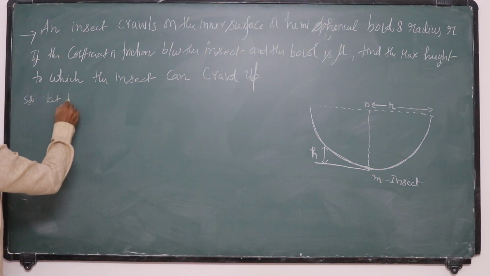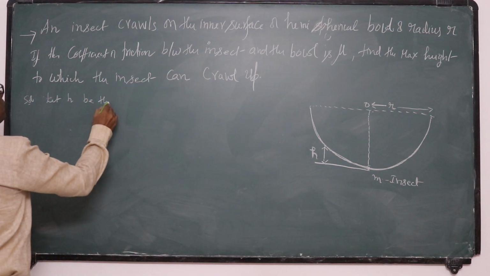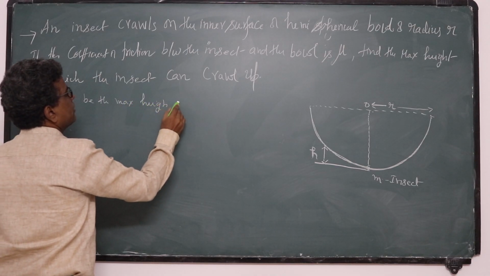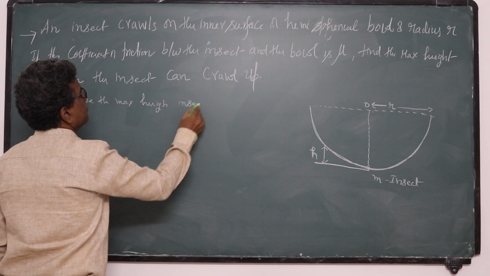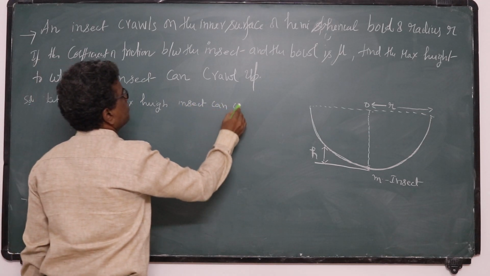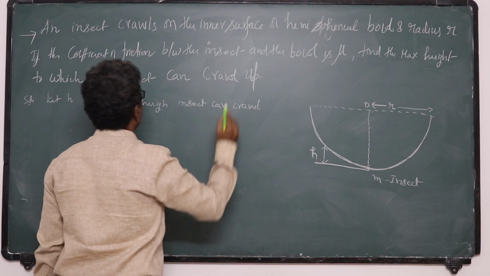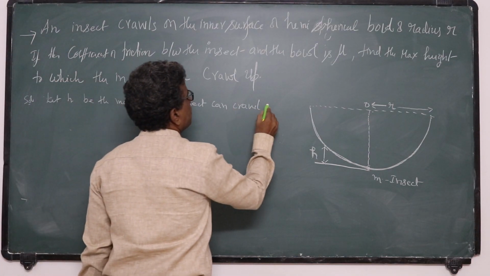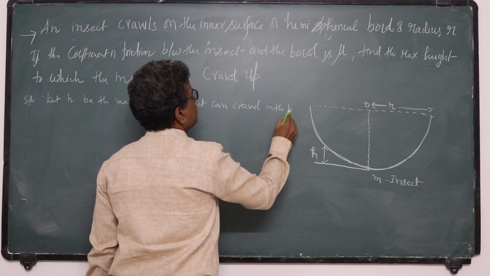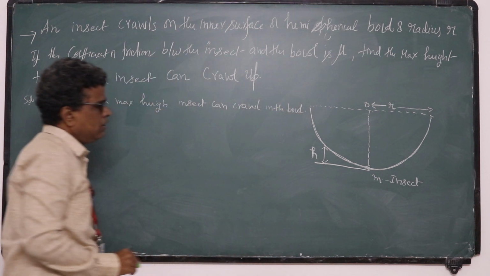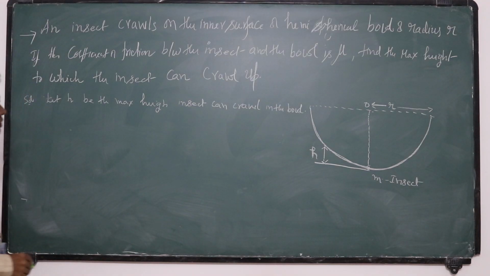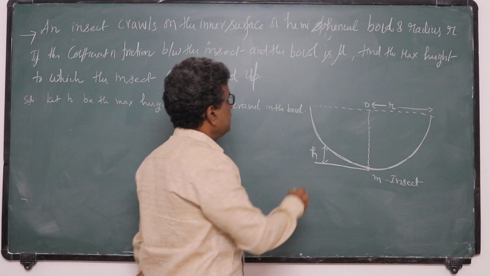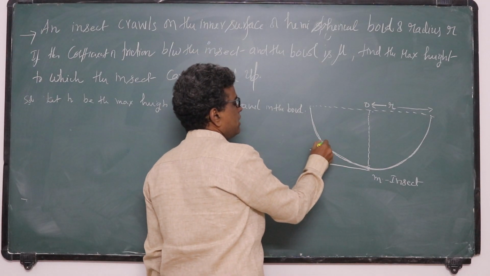Let h be the maximum height the insect can crawl in the bowl. When the insect is crawling, it pushes back with its legs, and as a result it moves up.